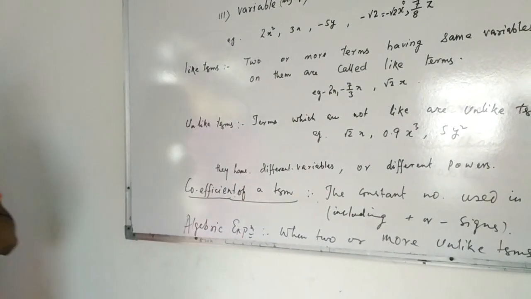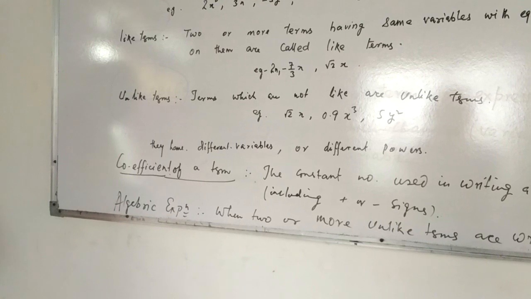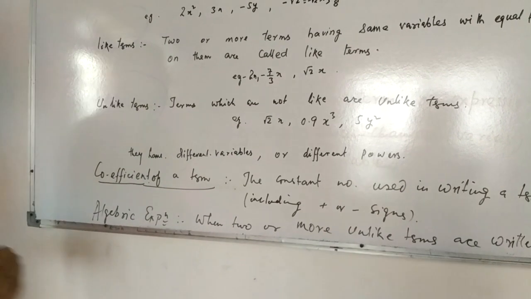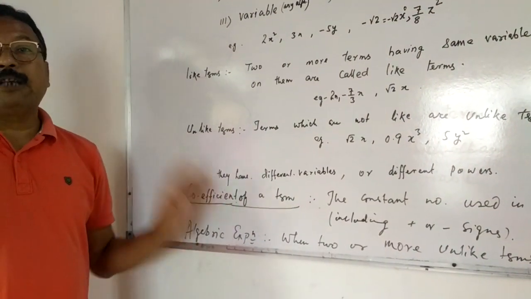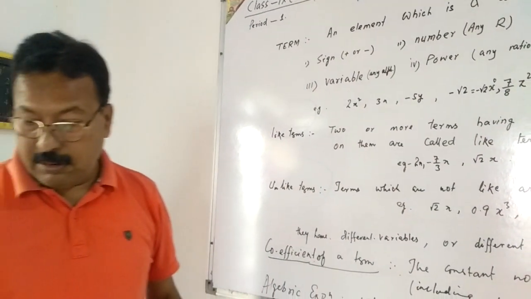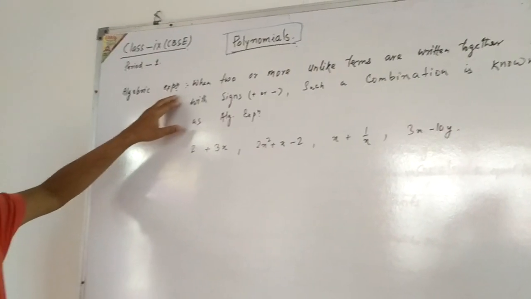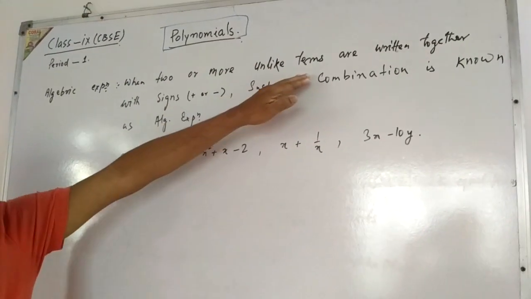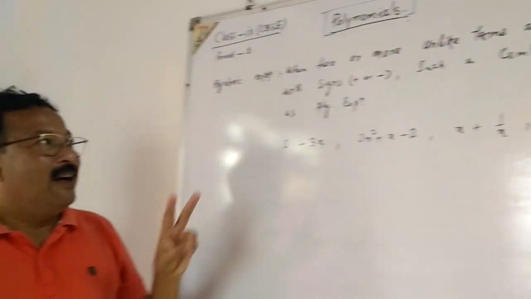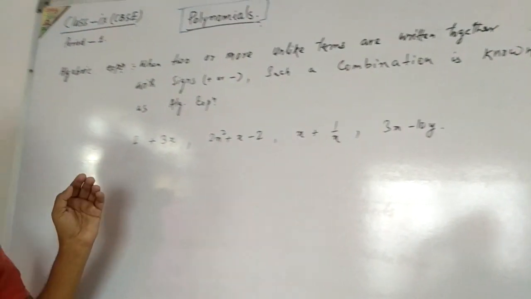When two or more unlike terms are written together with their signs, such a combination of terms is known as an algebraic expression. We'll write the definition after erasing these. Here is the definition of algebraic expression.